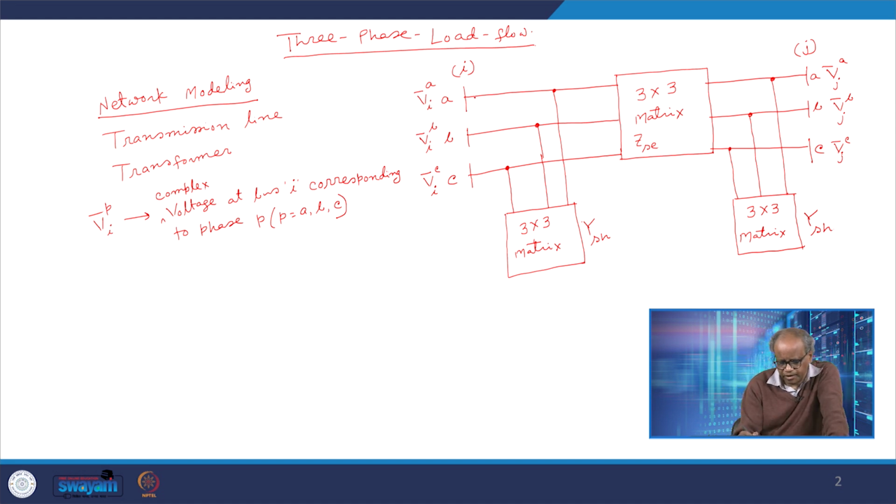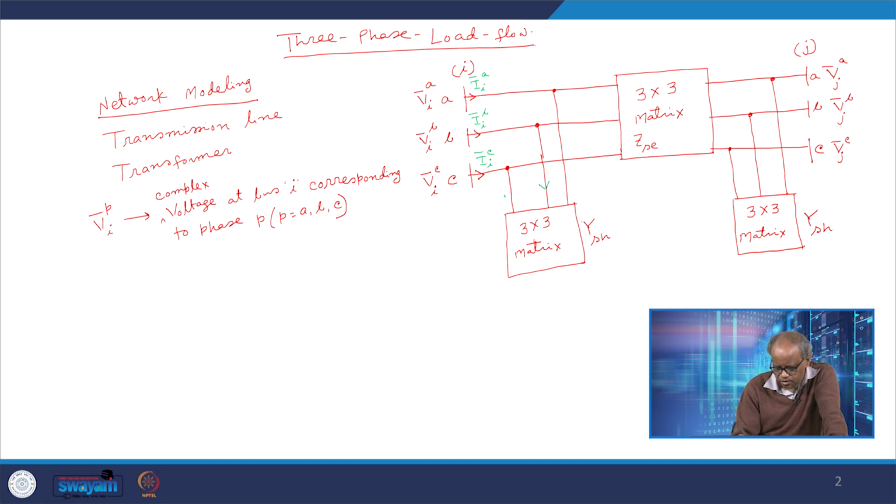Now here the current, let's say this current is IIA, IIB and IIC. Now this current has got two components.